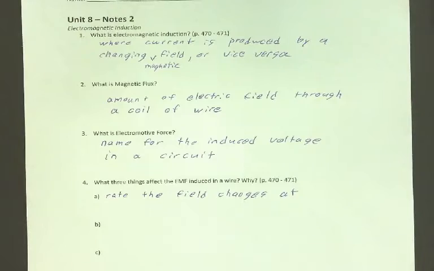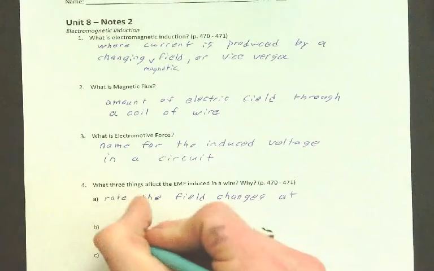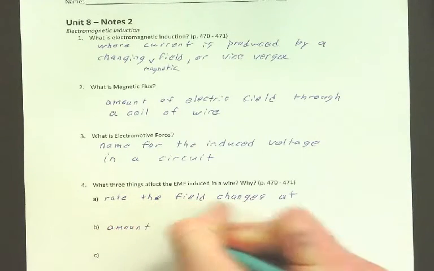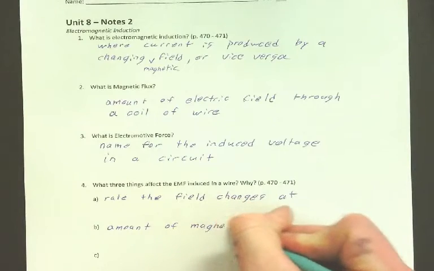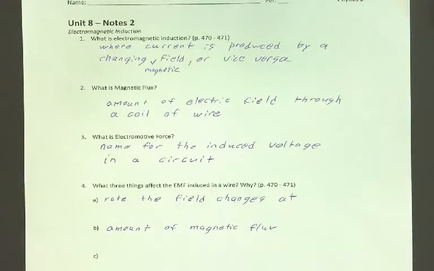The second thing is the amount of magnetic flux. So how much magnetic field goes through.